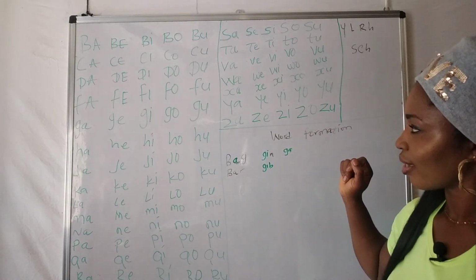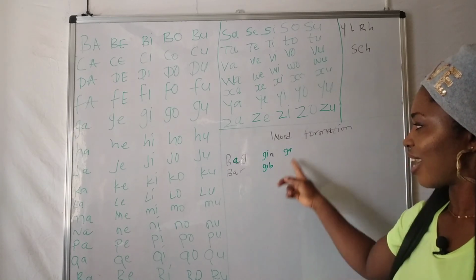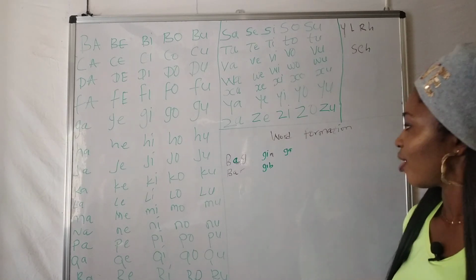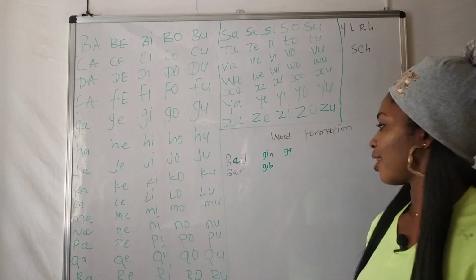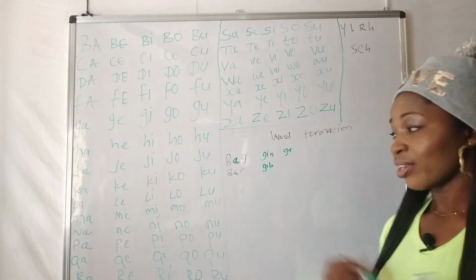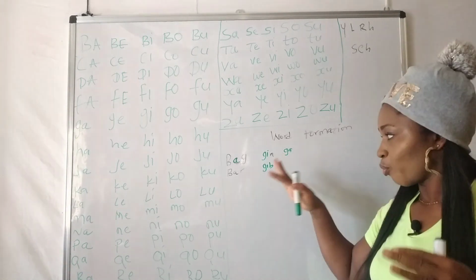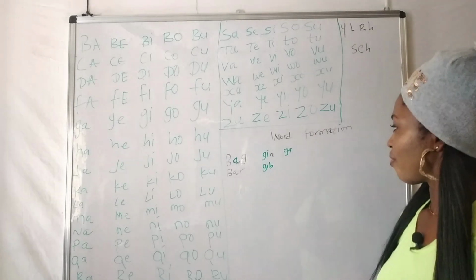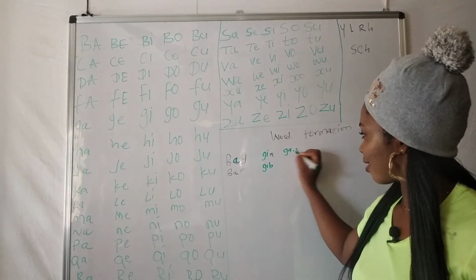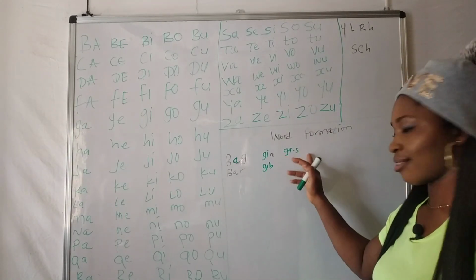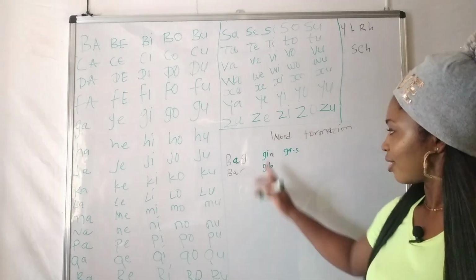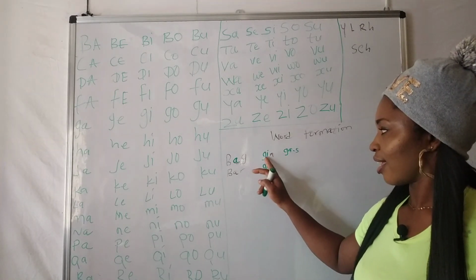What should we pick to add to this to give us a word? Let's pick letter S, because for now we want to focus on 3 letters. If I add S here, is what? Gas, gas.